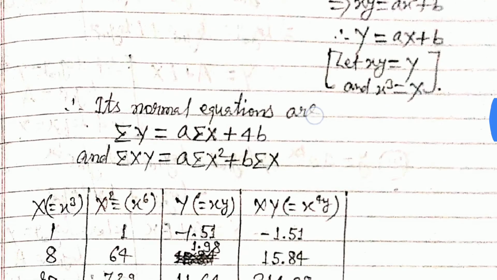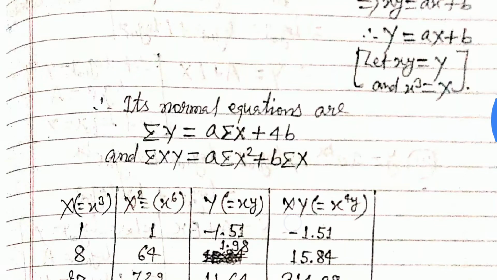In this situation, what are the normal equations? According to this, capital Y is equal to a X plus b, which is converted to a straight line where the variables are capital X and capital Y. The normal equations are summation of Y is equal to a into summation of X plus n b. What is n here?